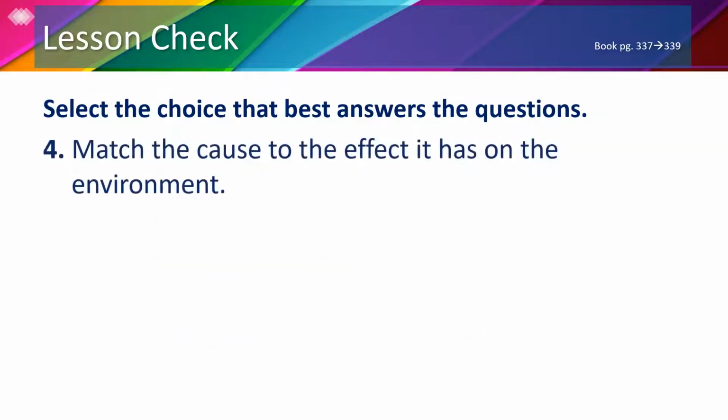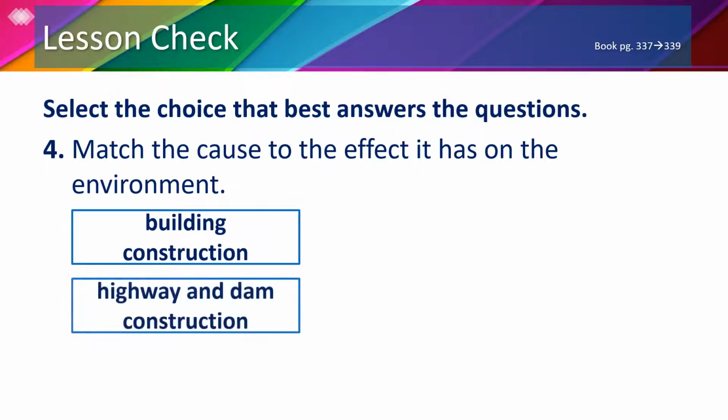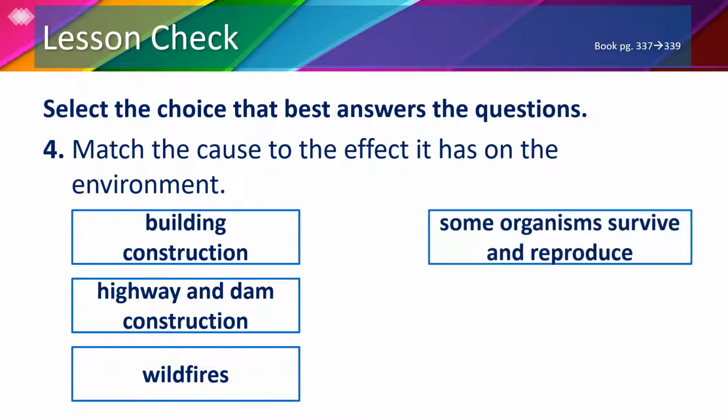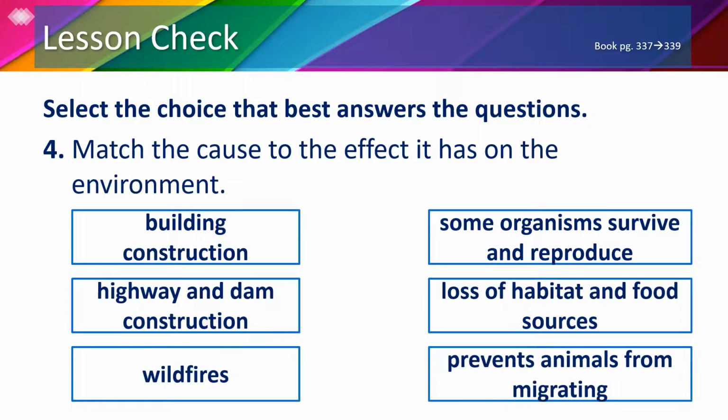In number 4, we're going to match the cause to the effect it has on the environment. So the causes are building construction, highway and dam construction, and wildfires. The effects are some organisms survive and reproduce, loss of habitat and food sources, and prevents animals from migrating.